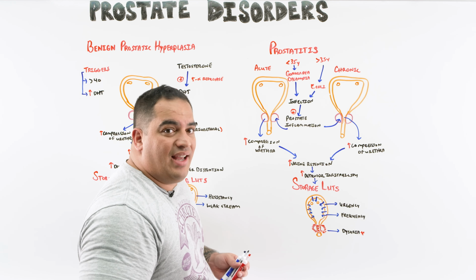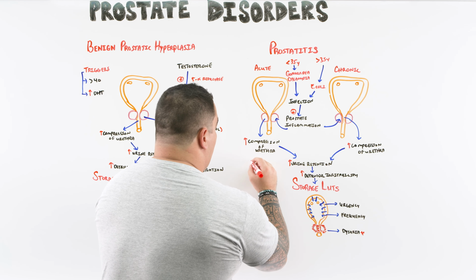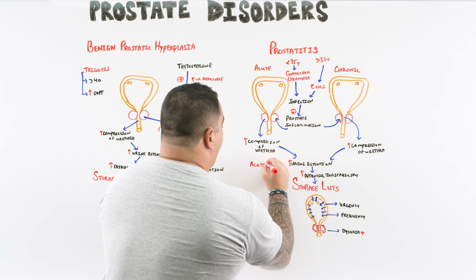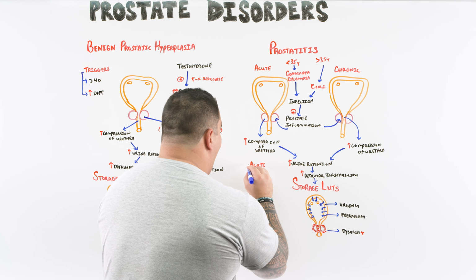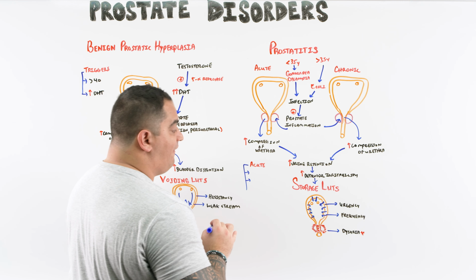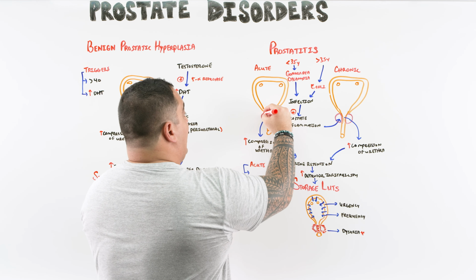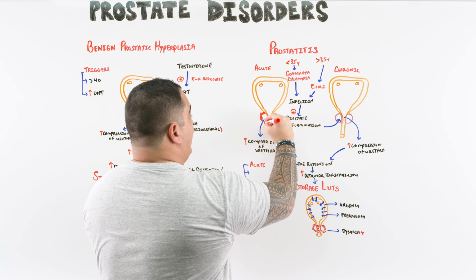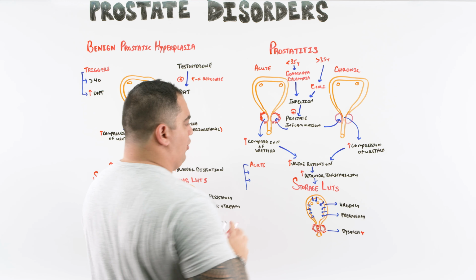With acute prostatitis, when you have this infection, this patient population will have an infection that triggers a systemic inflammatory response. So they will have an increase in white blood cell count. They'll have a fever, and they'll have a very, very angry and inflamed prostate that will cause so much pain around this area, usually in the pelvic or perianal region.